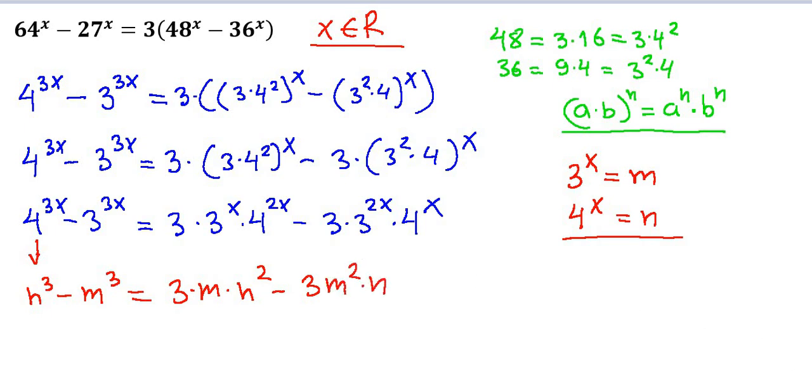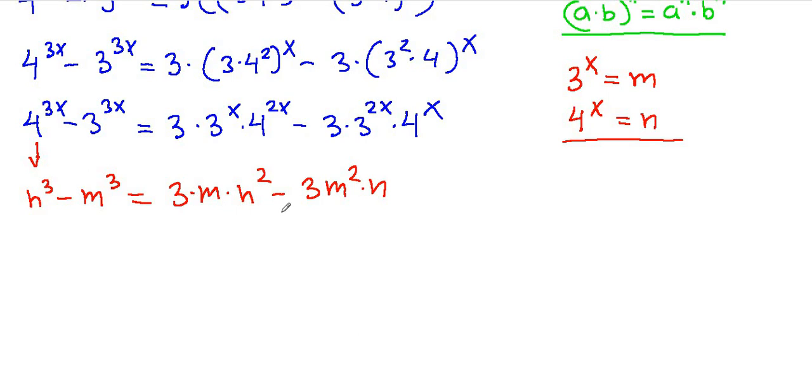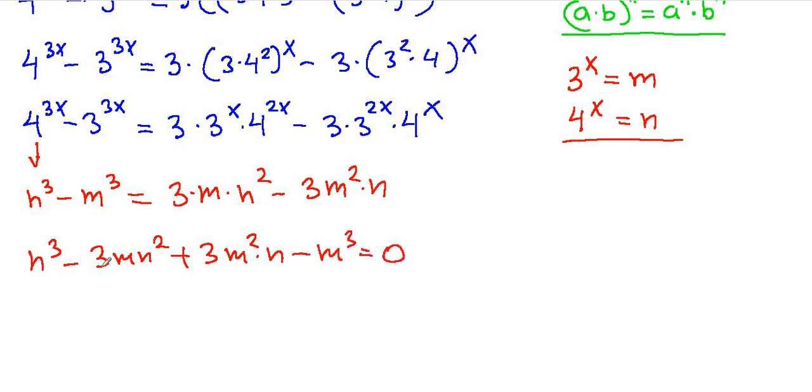Now let me move all terms from the right hand side to the left hand side. I will get n cubed minus 3mn squared plus 3m squared n minus m cubed is equal to 0. And as you can see, I can now express the left hand side as a cube using the following formula.